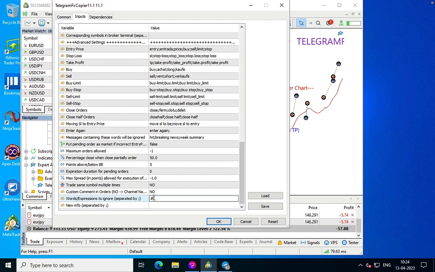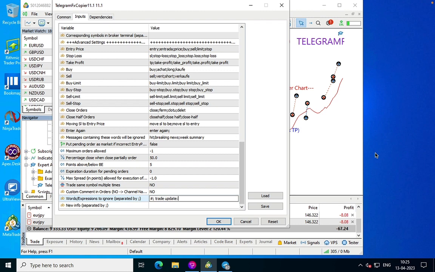Or let's say that your provider likes to use the term trade update, right? And you want to ignore that when he posts a trade update. You don't want it to take another trade, right? So that'll help you avoid a lot of errors, all right?